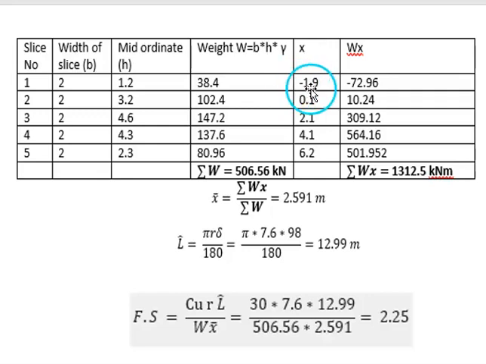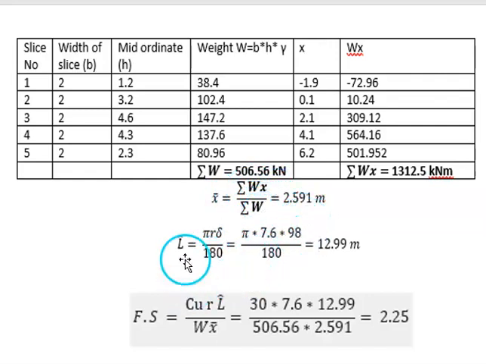If it is coming on the left side, take it as negative. If it is on the right side, take it as positive. Then we have to find the product W and X. Then we have to calculate the sum of weights of all the slices and the sum of Wx. So then we can find the X bar value, which is equal to sigma Wx by sigma W.